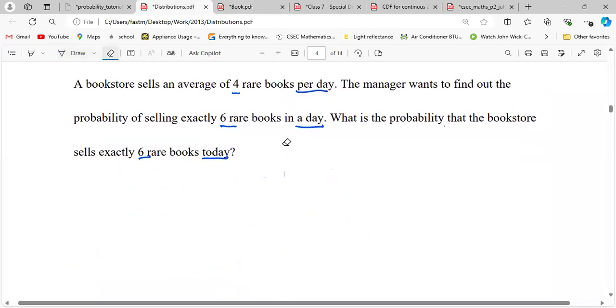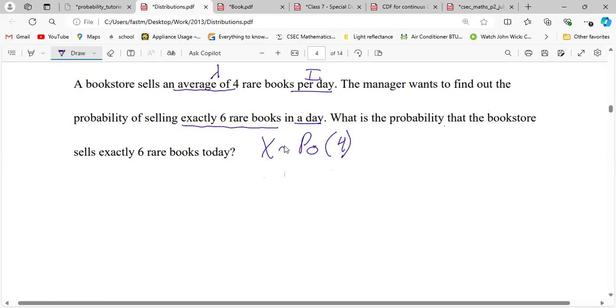Reading the question now that we know what the random variable is: a bookstore sells an average of 4, so we know this is lambda, and they give us an interval. The manager wants to find the probability of selling exactly 6 rare books in a day. So X follows a Poisson distribution and the parameter lambda is 4. We want the probability X equals 6.